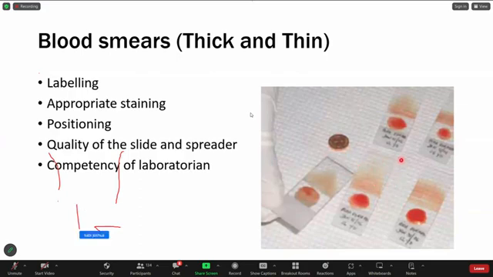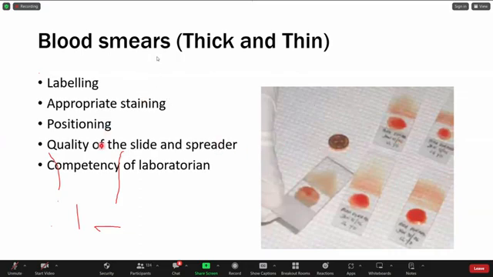There are also other techniques where the thick film is made on a different slide from the thin film. So the positioning is that the thick film should be in the center of a slide. If they are put on the same slide, it should be near the frosted end, then the thin film should be in front of it, just as these pictures are showing.